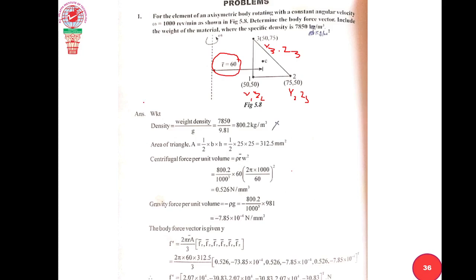Write down R1 equal to 50 mm, Z1 equal to 50 mm. In the figure also write this is R1 comma Z1. Next R2 comma Z2: R2 is 75 mm, Z2 is 50 mm. Next, R3 comma Z3: R3 is 50 mm and Z3 is 75 mm.